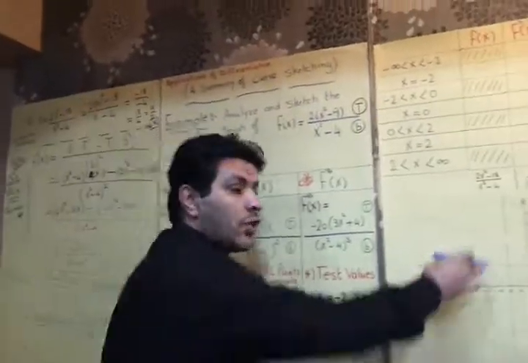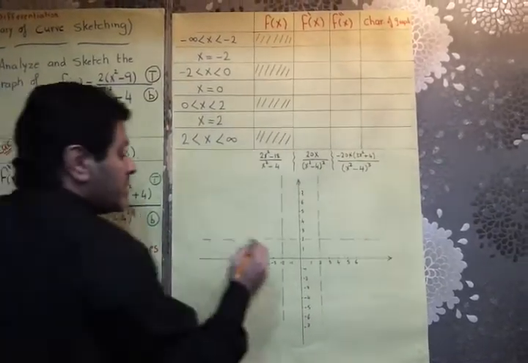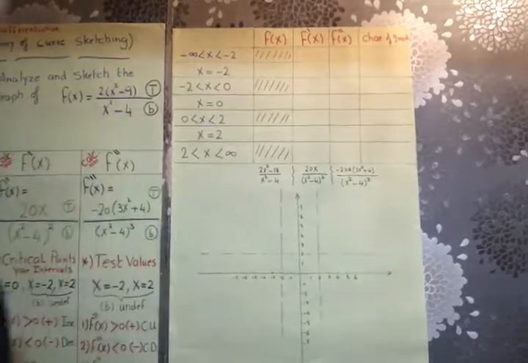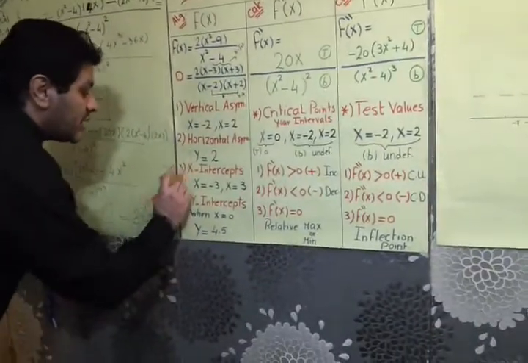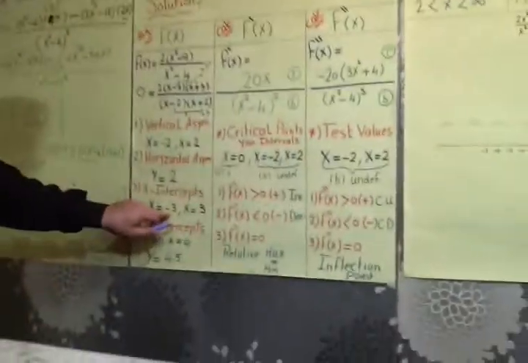Now, if you take a deep look at the graph, you are going to use part 3 and 4 right now, so you can determine which part you are going to plot in the graph. So, for part 3 and 4, you are going to plot the points of the x-intercepts and the y-intercepts. So we have x equals -3 and x equals 3.